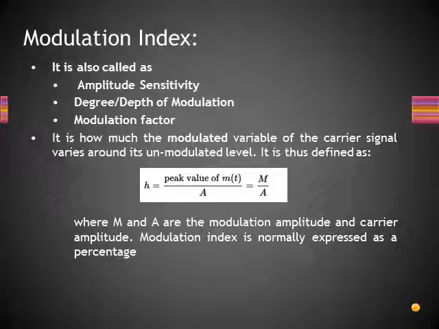You can see here that h is the modulation index, and it is expressed as m over a, where m is the modulation amplitude and a is the carrier amplitude.